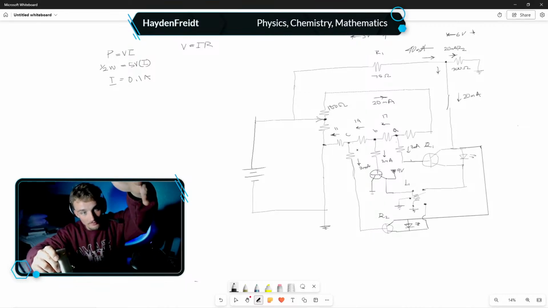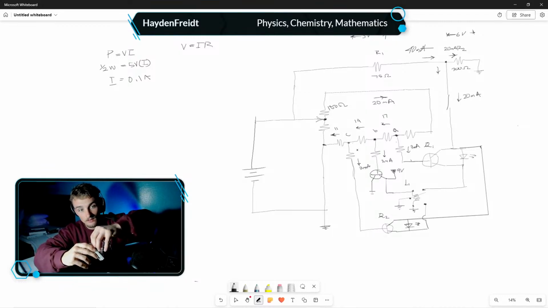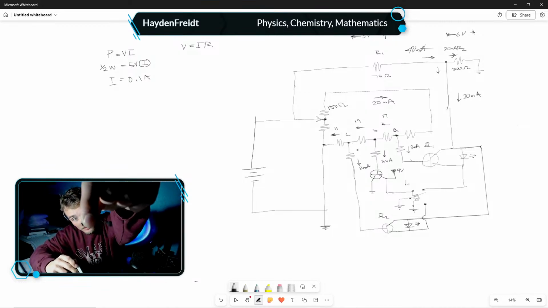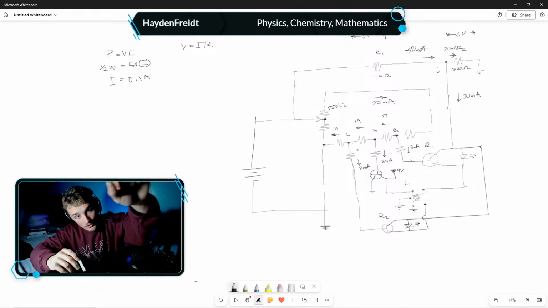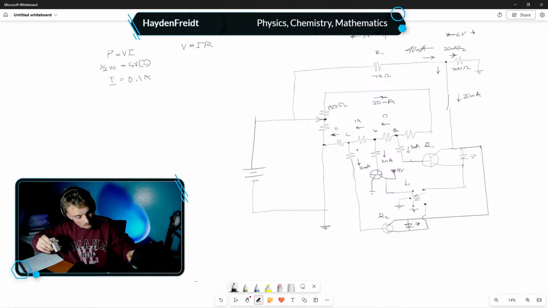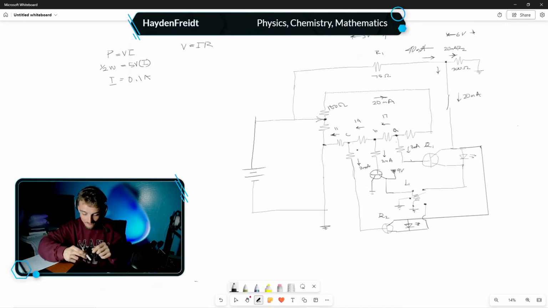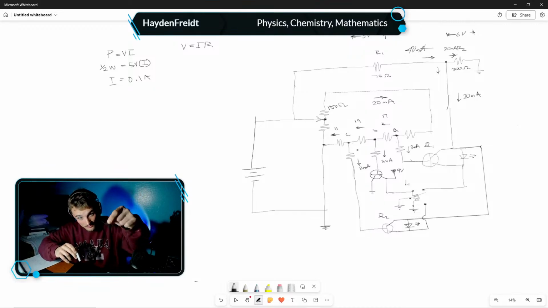Transistor. I'm going to set this one right there, and this other transistor right here.